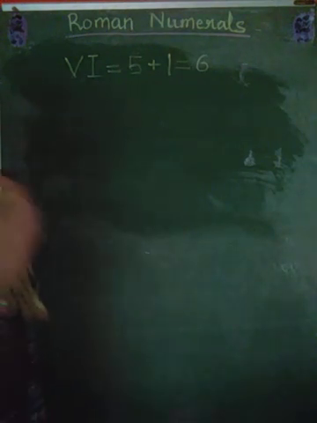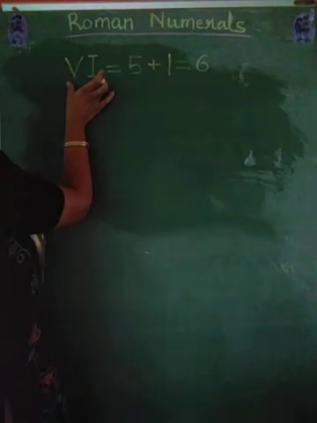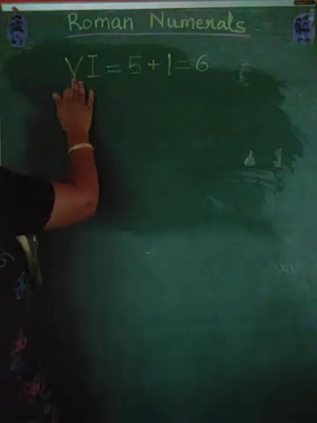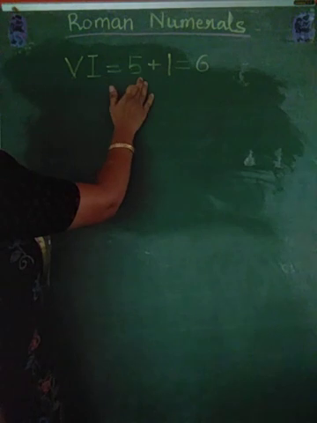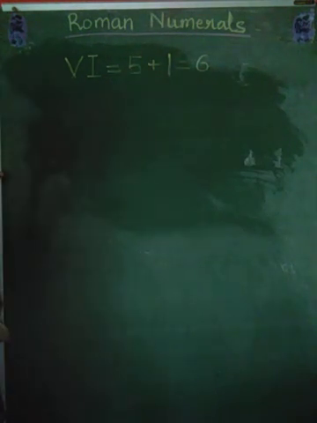So when you go to standard 6, you will be writing this symbol, that is VI. VI is equal to 5 plus 1 equal to 6.